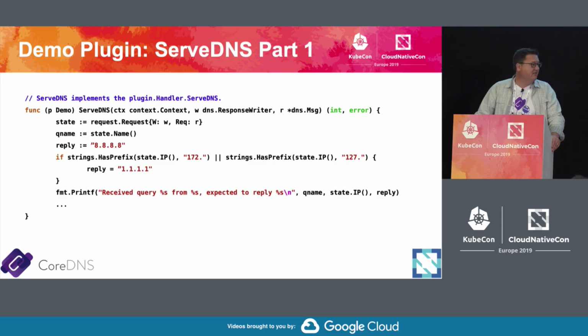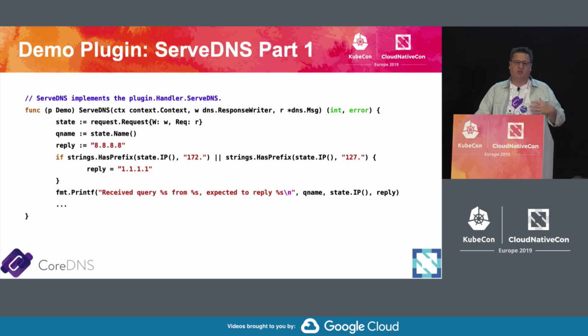The serve DNS method itself receives a context, what we call a response writer, and the actual DNS query, the DNS message. The response writer is really just an interface that, in the basic case, will be just a socket that you write back to the client. But we have a few tricks in order to let plugins do more sophisticated things.